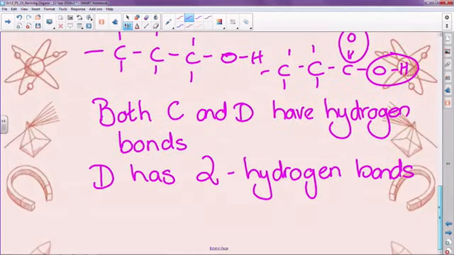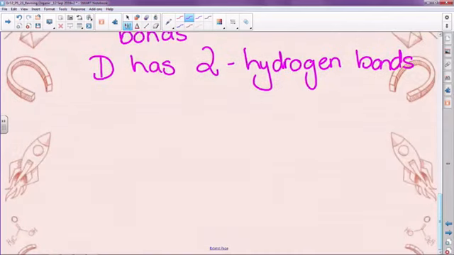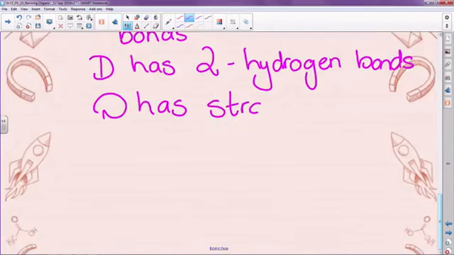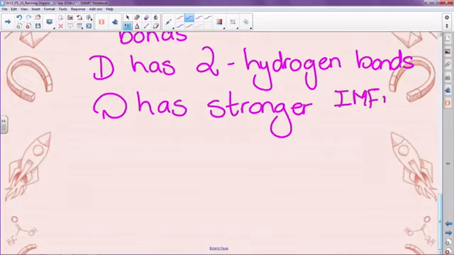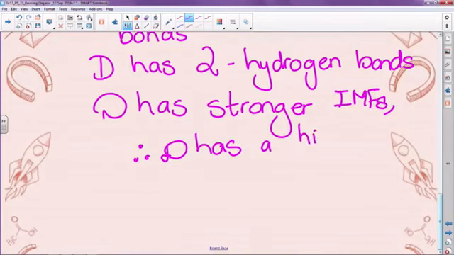So because D has 2 hydrogen bonds, D has stronger intermolecular forces. I'm just going to call them IMFs. Therefore, D has a higher boiling point.